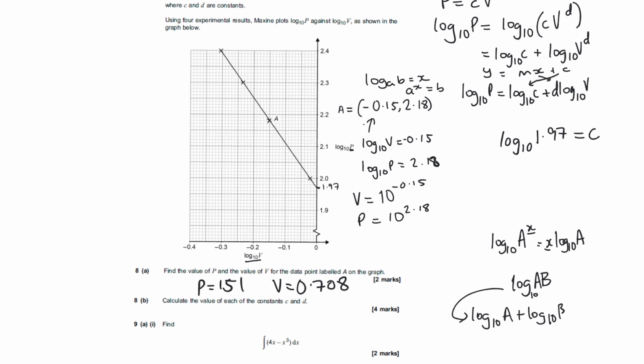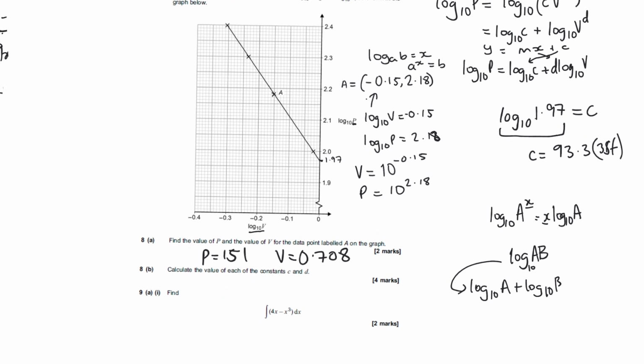To work out what c is, we would literally just put that all into our calculator. So if you put that into your calculator, you should come out to three significant figures of 93.3. So we've worked out what c is.